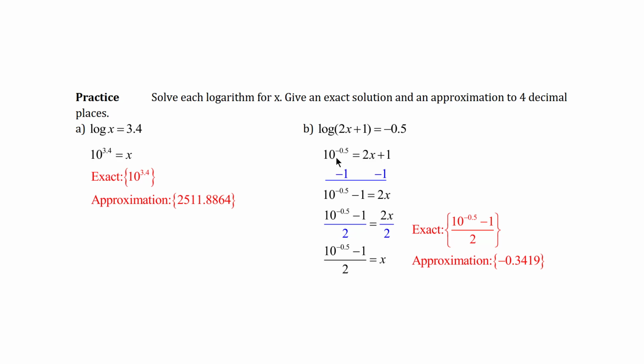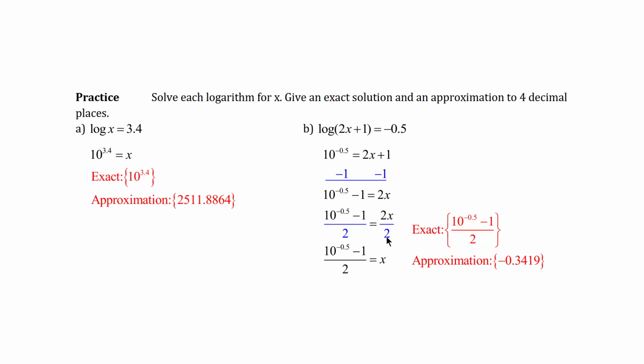Moving on to part B, we first rewrite this as an exponential equation. We get 10 to the negative 0.5 power equals 2x plus 1. Next, we need to solve for x by getting rid of the positive 1, so I subtracted 1 from both sides of the equation. The result is 10 to the negative 0.5 power minus 1 equals 2x. Next, we get rid of the 2 in front of the x by dividing both sides by 2.